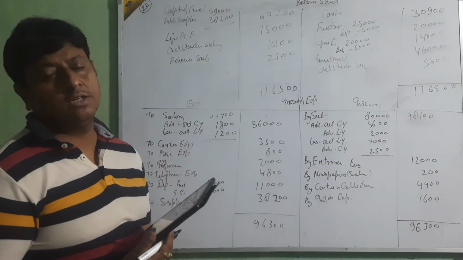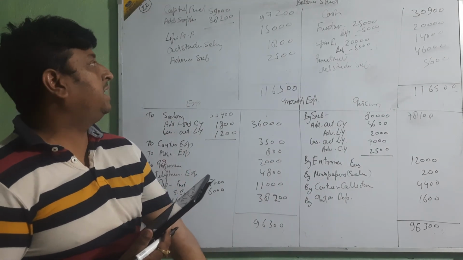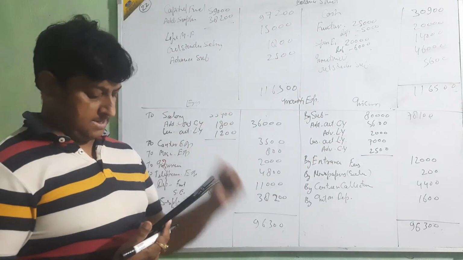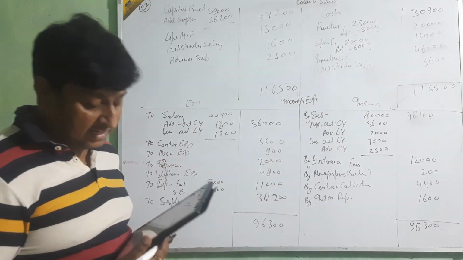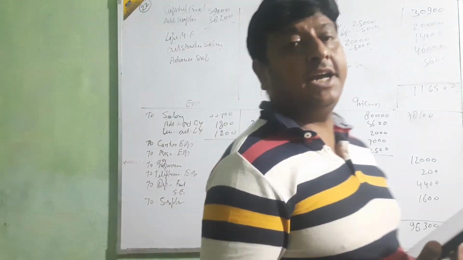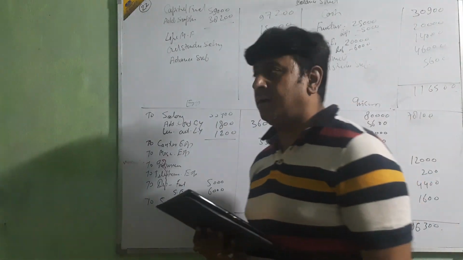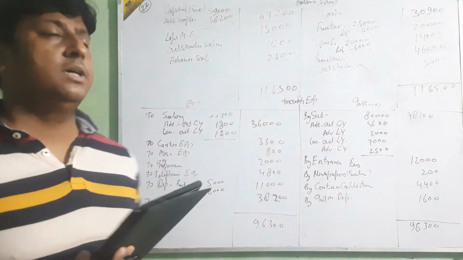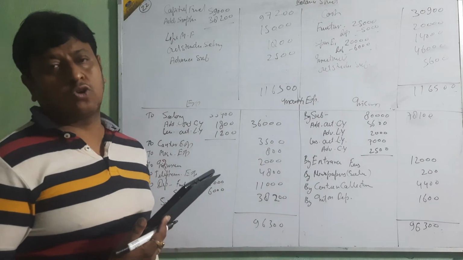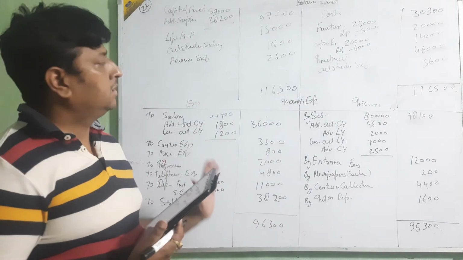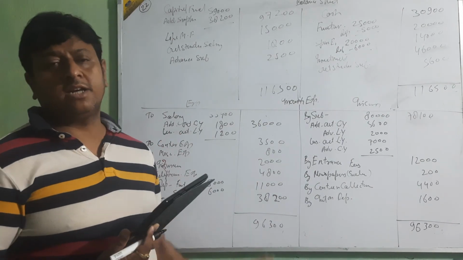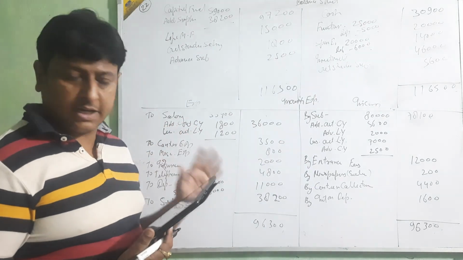This is the way by which we are going to maintain all three things: opening balance sheet, then income and expenditure account, and then closing balance sheet. Clear? Any problem you feel, then ask me. Okay, clear?